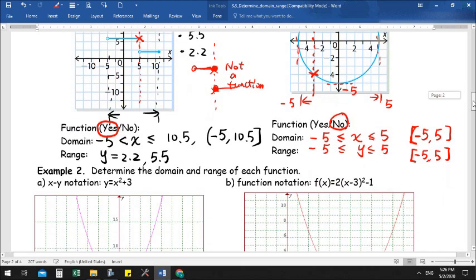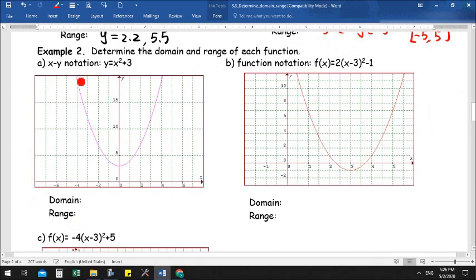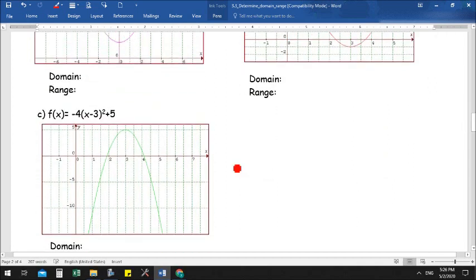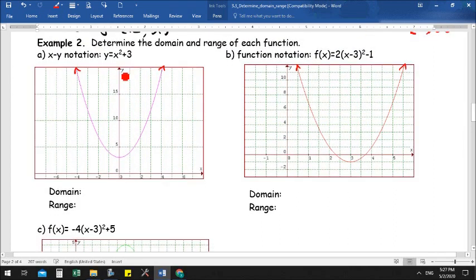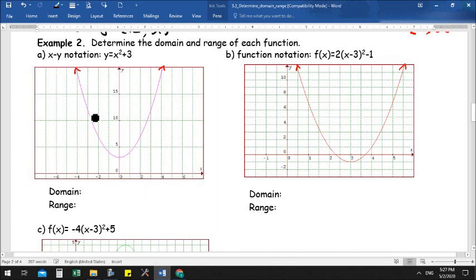Okay, so we continue to the next one, and remember, arrows at each end mean the graph keeps going. So they are quadratic parabola graphs. Then we are going to look for the minimum and the maximum. This one has arrows, meaning very left and very right keep going, so you have -infinity, +infinity there.